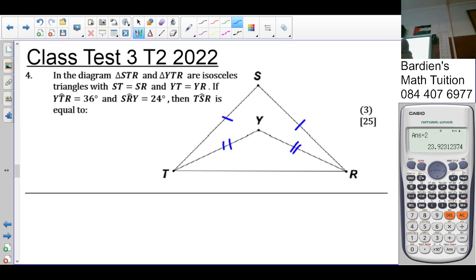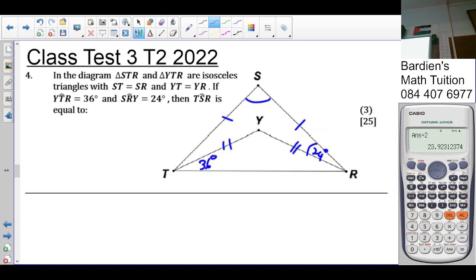If angle YTR is equal to 36 degrees and SRY, this angle here, is 24 degrees, the question says you must calculate the size of TSR, which is this angle here.